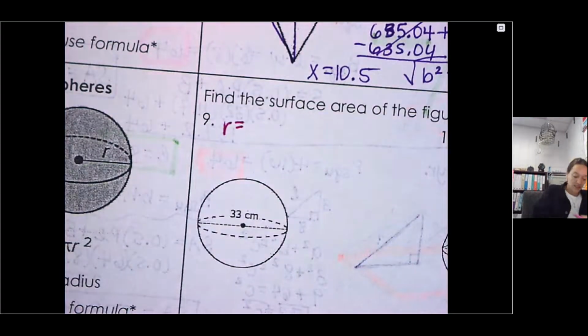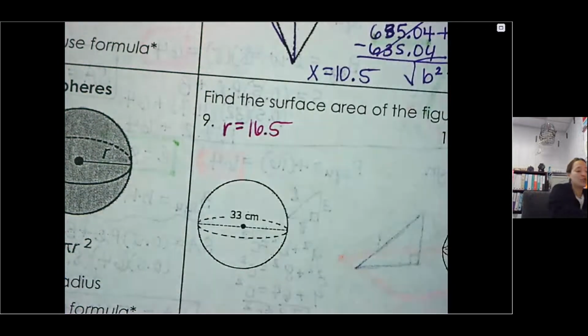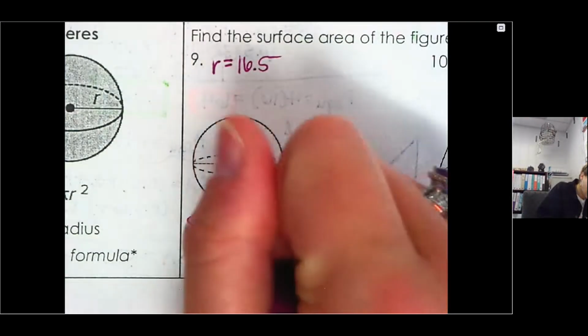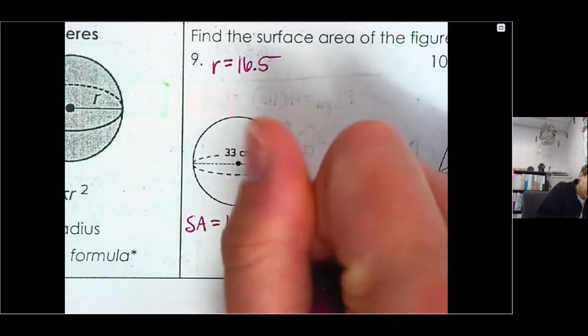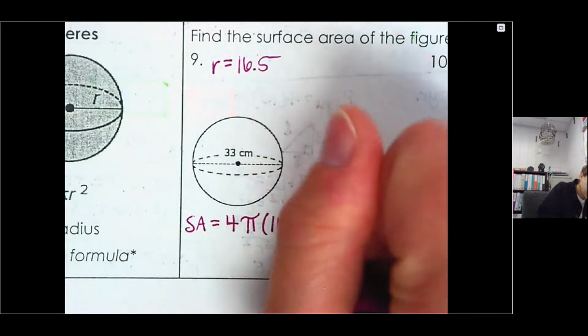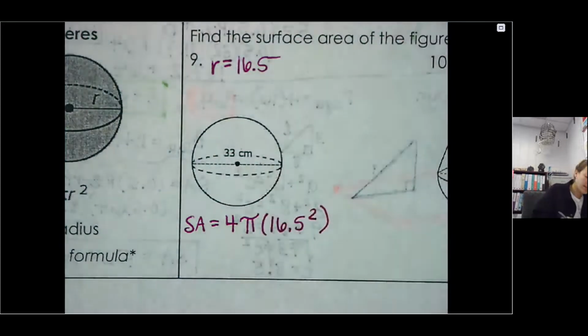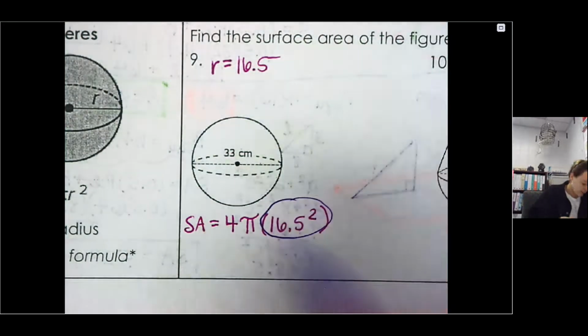So the radius of that is 15. And then all you have to do is plug in. So surface area is 4 pi times your radius squared. The only thing you need to make sure is you do this first, right here.